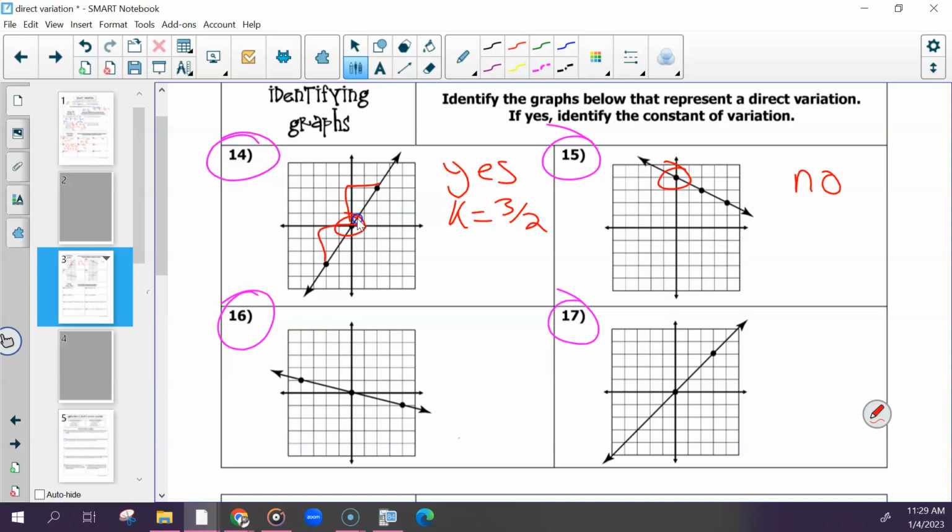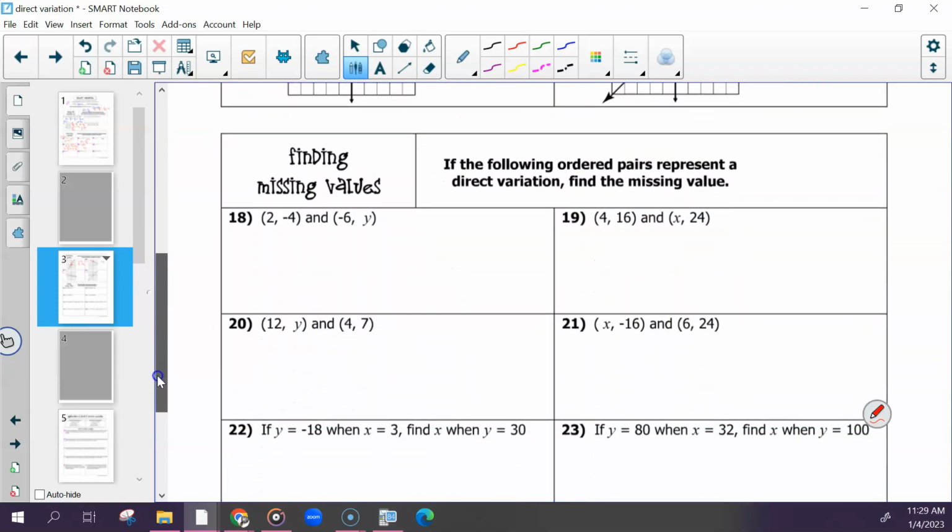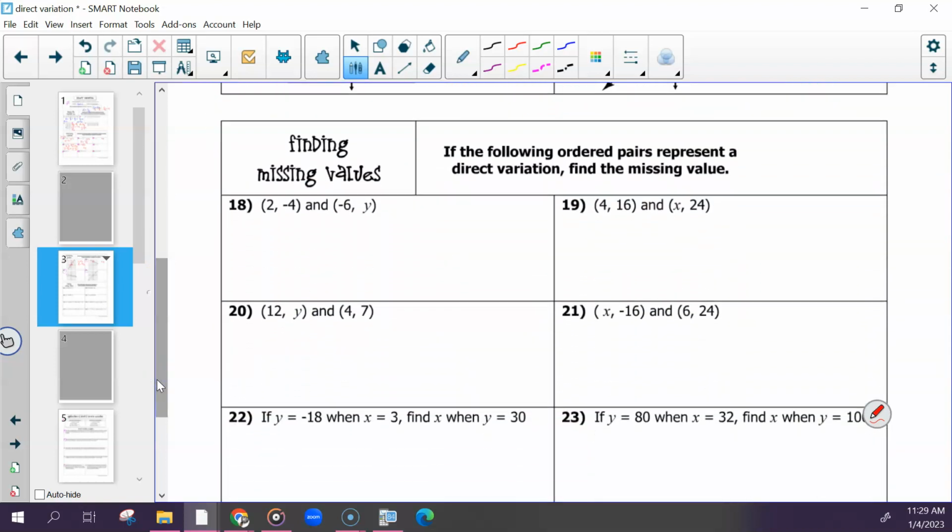Questions on those? Then there is a piece where you're going to be given two sets of ordered pairs or something like it, and you're going to have to find one of the missing values.